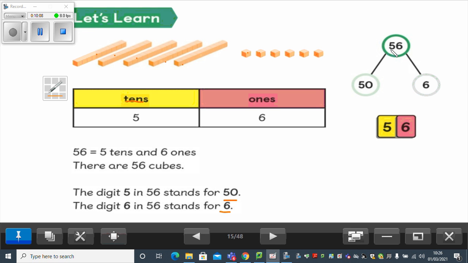So the digit 5 means 5 tens, which is 50. So the value of that 5 tens is 50. And the 6 represents the ones, so it has a value of 6. And our place value cards have been put together to show 5 tens and 6 ones, 56.